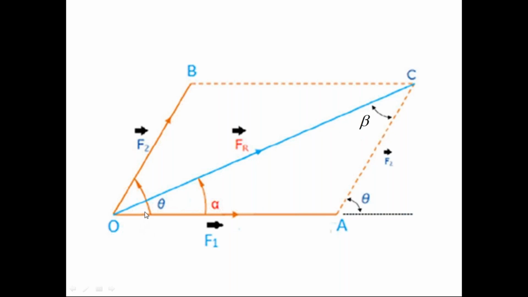Then the relationship between F1, F2 and Fr: F1 divided by sine beta is equal to F2 divided by sine alpha is equal to Fr divided by sine theta. That is the parallelogram law of forces in the graphical method.